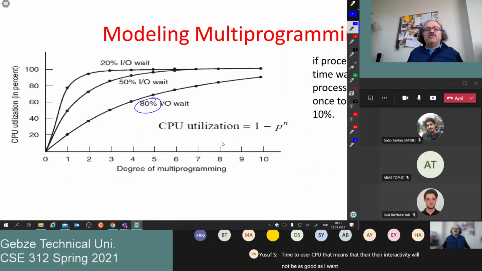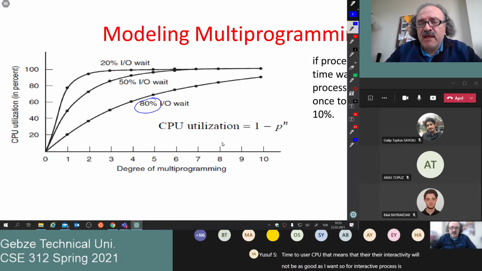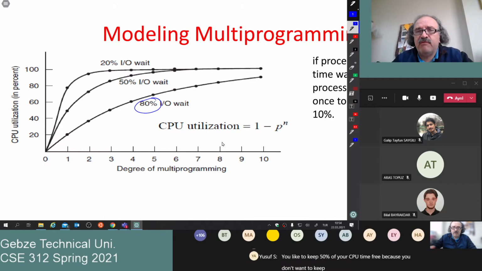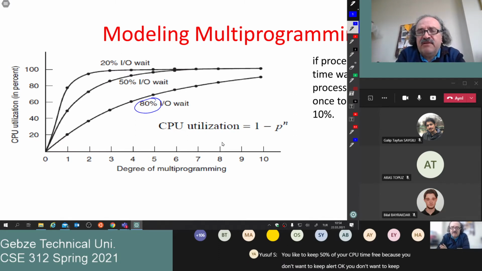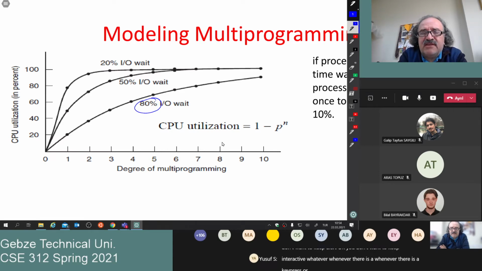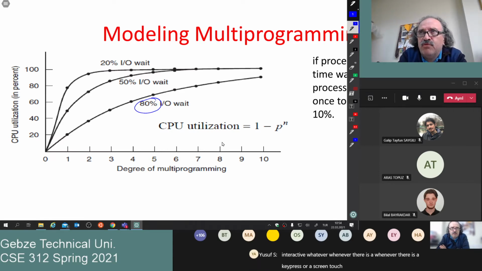So for interactive processes, you like to keep 50% of your CPU time free because you want to keep alert. Whenever there is a key press or screen touch, you want your computer to respond immediately.